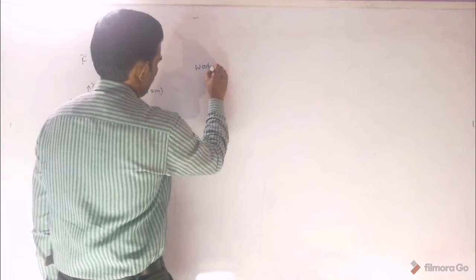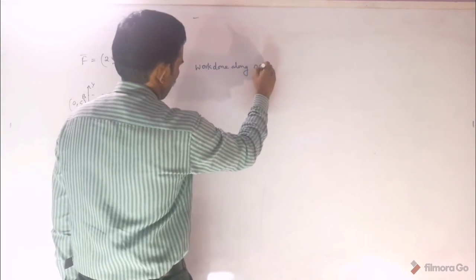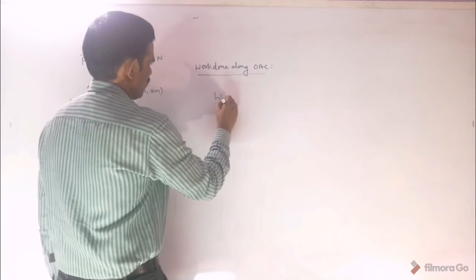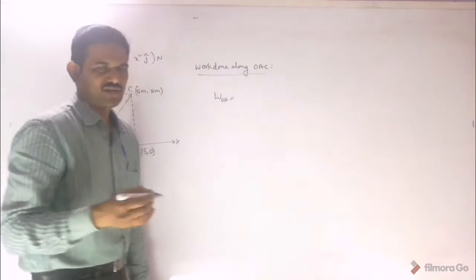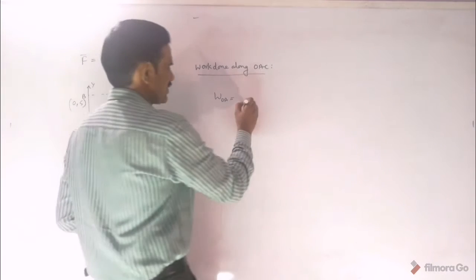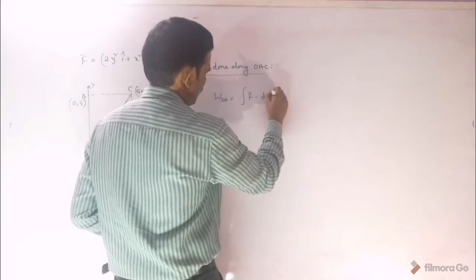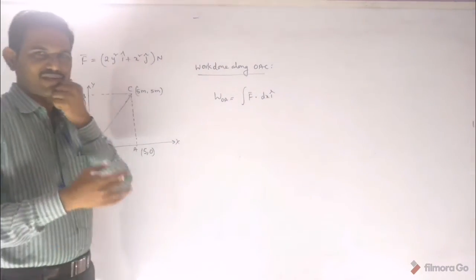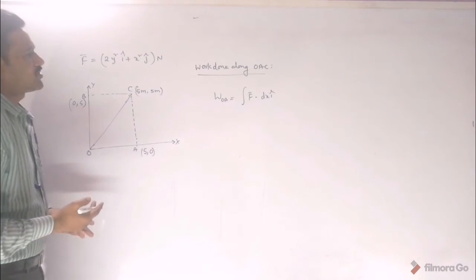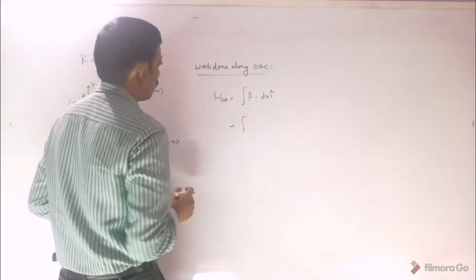So that means work done along OAC. In that, first let us calculate work done along OA. OA means it is along the x direction. So what I can write is the integral of F bar dot dx i cap, because the j cap term will be 0, dy value is 0. Now let us write this F bar value for the OA path.